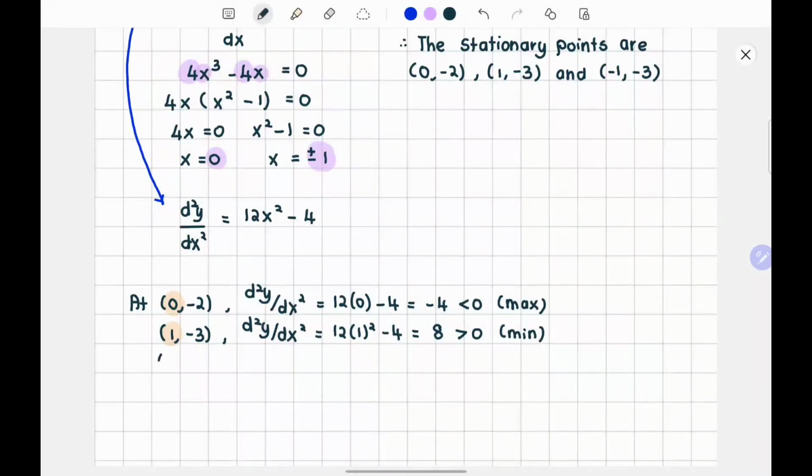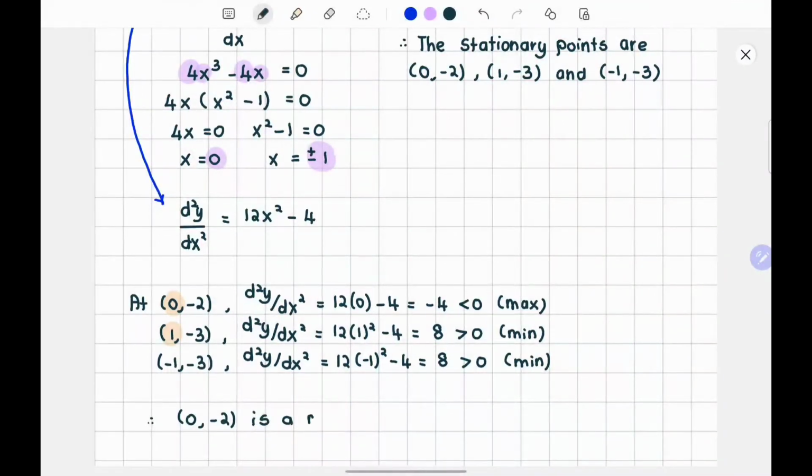And last point, we have negative 1 and negative 3. So we substitute. Then we get 12 times negative 1 square minus 4. So same answer, we get 8. 8 is greater than 0. So minimum. Okay, so kita boleh conclude point 0, negative 2 is a maximum point.